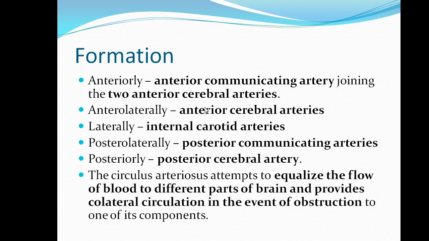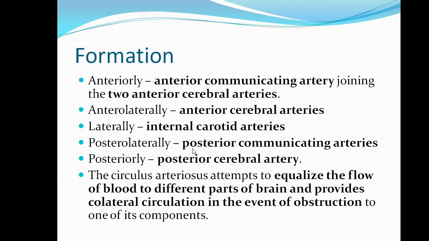Formation of the circle of Willis. Anteriorly, it is formed by the anterior communicating artery joining the two anterior cerebral arteries. Anterolaterally, it is formed by the anterior cerebral arteries. Laterally, it is formed by the internal carotid artery.